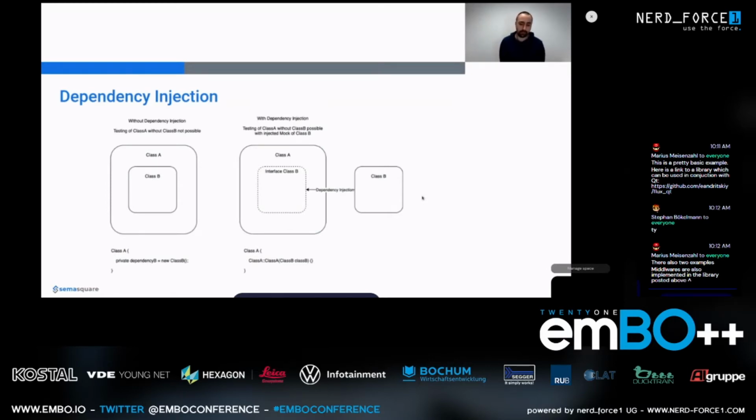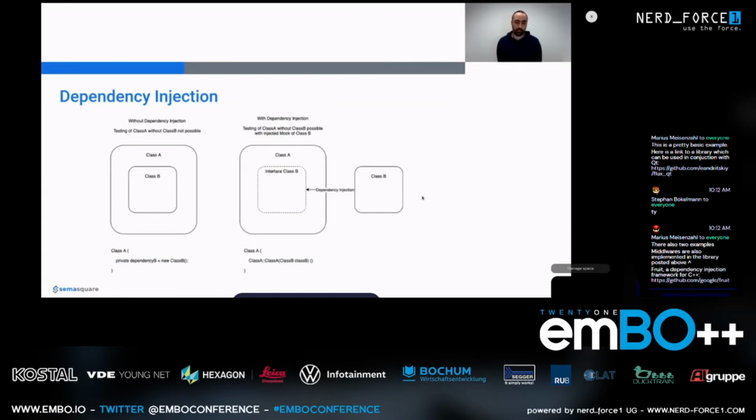For example, this could come in handy if class B would interact with the outside world, for example with a web page, and in your testing environment you are not capable of interacting with the outside world. Then you could simply inject a mock of class B, which will give you the expected data, even if it's not interfacing with the outside world. And the effort for dependency injection can be reduced with a dependency injection framework, for example, like Google Fruit.